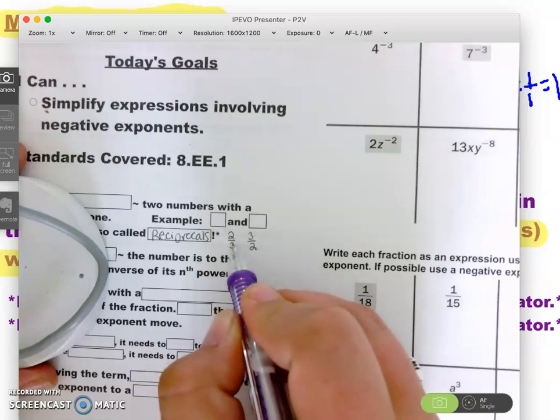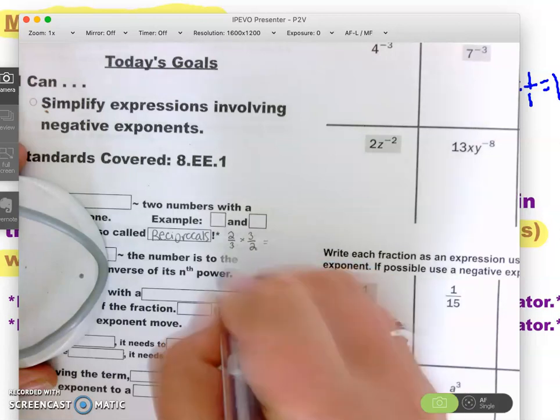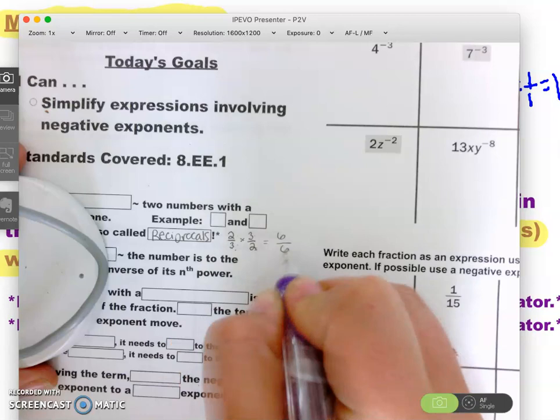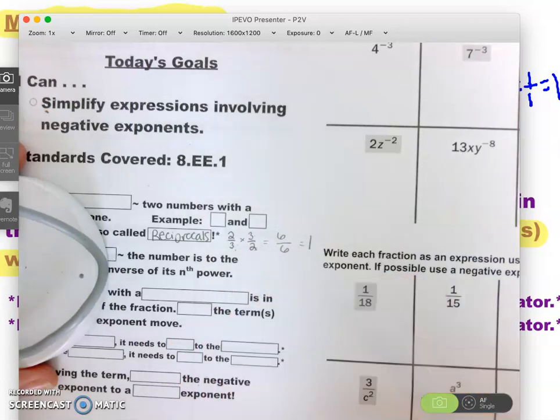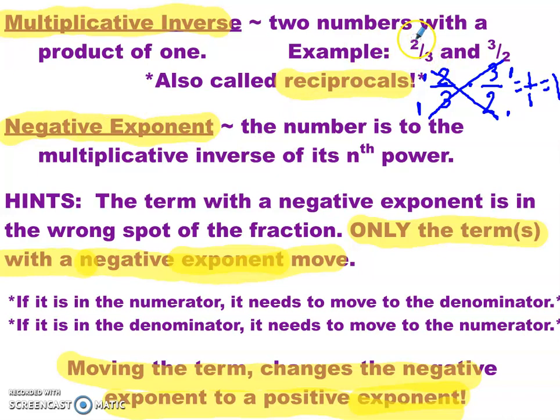It's just a fraction flipped. Meaning when I multiply these two numbers together, 2 times 3 on top is 6, 3 times 2 on the bottom is 6, and 6 divided by 6 is equal to 1. So when they are multiplied together, they equal 1. Back here, example: 2/3 and 3/2, just like what I just did.